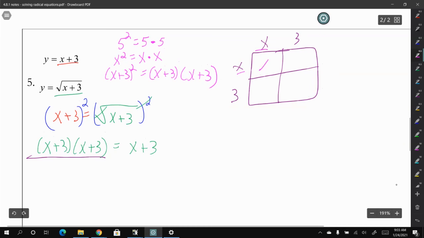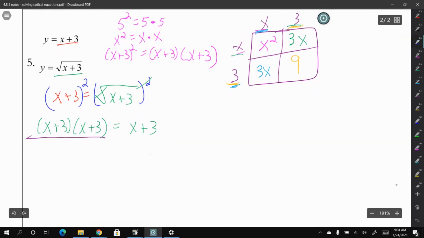X times x is x squared. 3 times x is 3x. X times 3 is 3x again. And 3 times 3 is 9. So then I'm going to get x squared, 3x plus 3x is 6x plus 9 is equal to x plus 3.